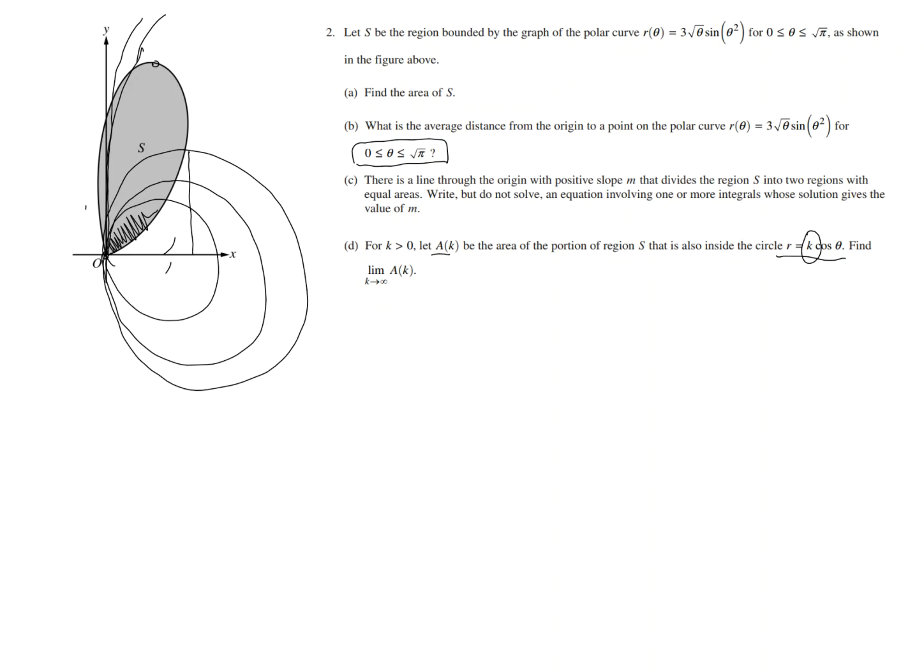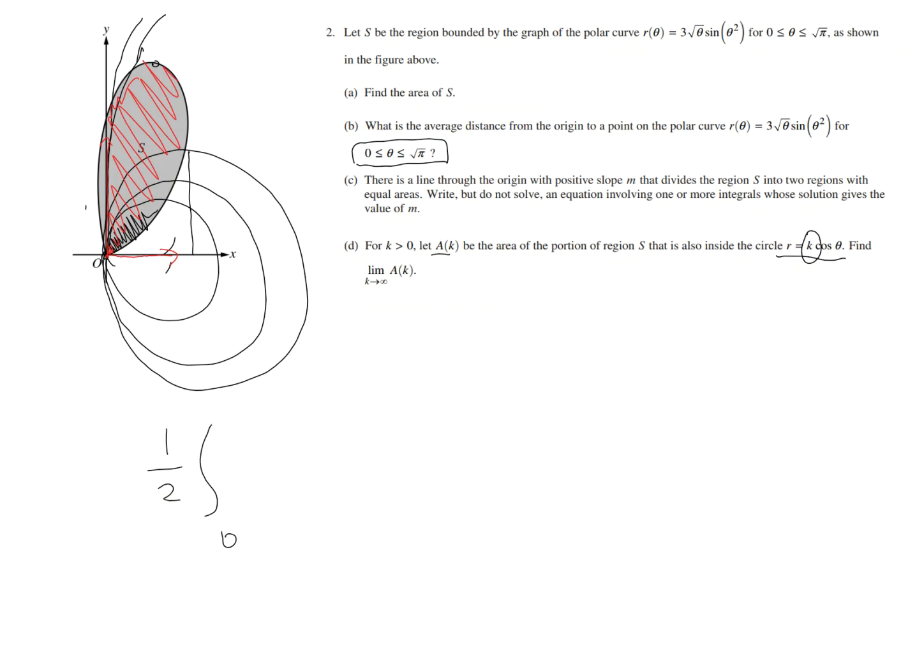So we can count the area between the theta equals 0 line and the theta equals pi over 2 line as the circle becomes large enough to fill this entire area, which means all of the area of S between 0 and pi over 2 overlaps with the circle. We can do a very similar thing to part A, where we take the area of a polar graph, again 1/2.